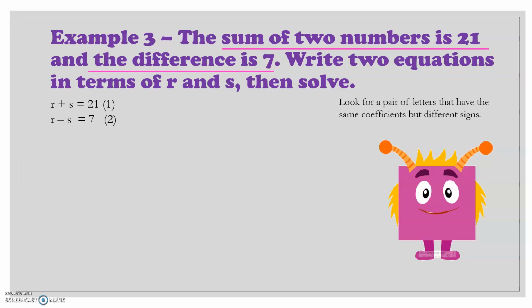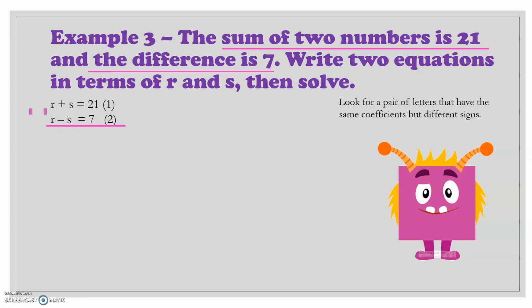Now remember what we're looking for. A pair of letters that have the same coefficient but different signs. And that's definitely what's happening with s. It's both one s, but the signs are different. I'm not going to do r. I could do r, but for this method that I'm showing you, we're going to focus on the s's.